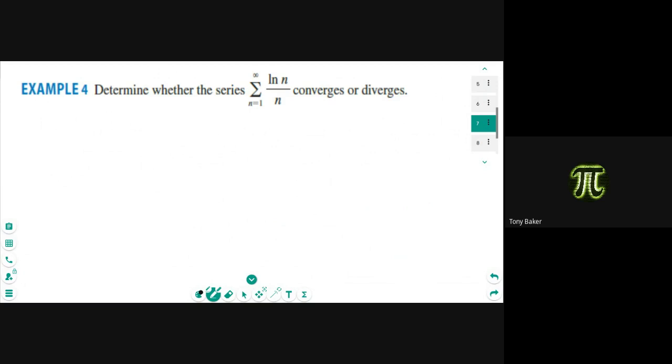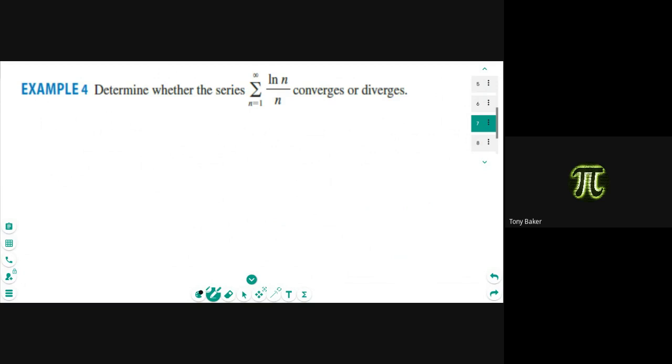Okay? So it's continuous. Is it positive? Is ln always positive? So when does ln become positive? When it's bigger than 1. ln of 1 is 0, right? Anything after that point is positive. Since we're starting at n equals 1, this is positive.